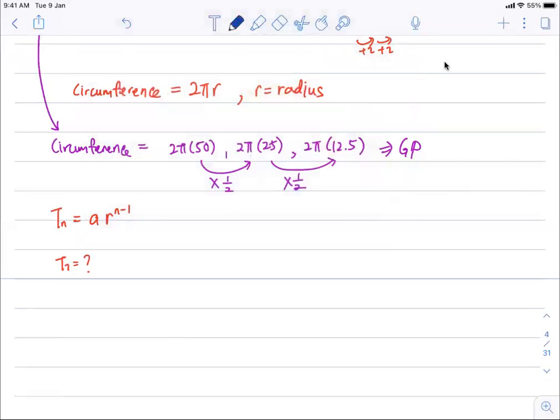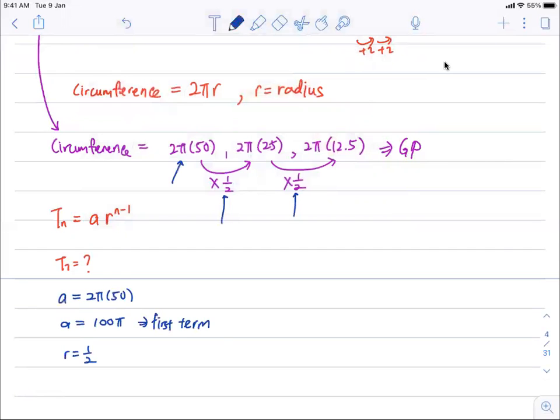We know that A, which is the first term, is equal to 2 pi 50, which becomes 100 pi. Also, we know from the series that R is equal to half.